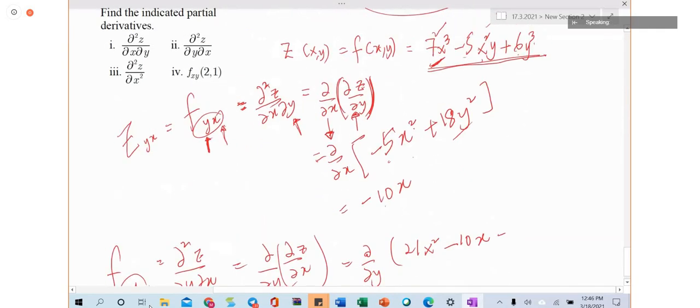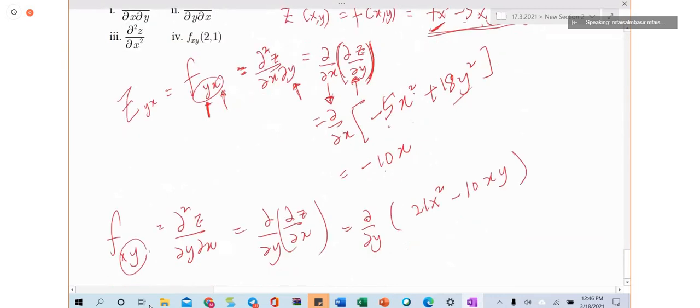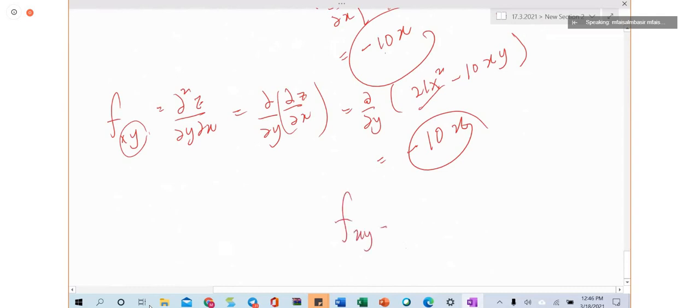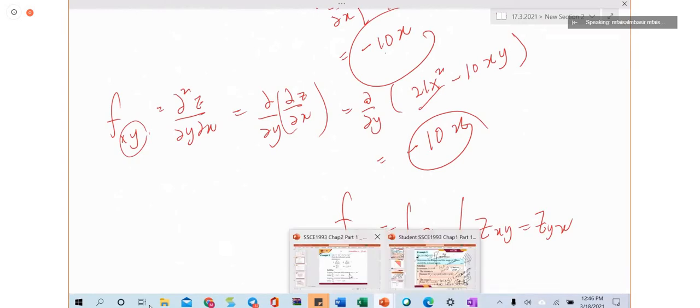So in this case, differentiating z with respect to x gives 21x squared minus 10xy plus 0. Then differentiating with respect to y, this term is gone, and you get negative 10x. So they are the same. This is proof that f x y is the same as f y x, or you can write z x y is the same as z y x.